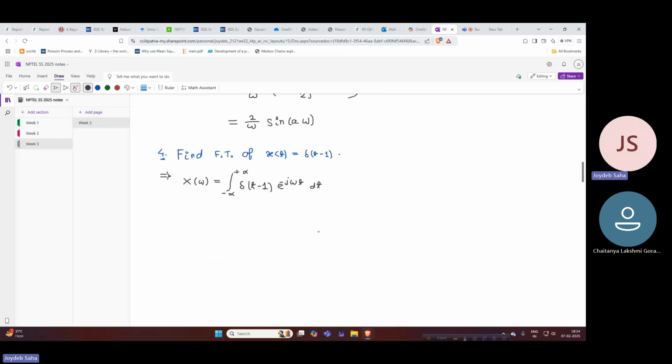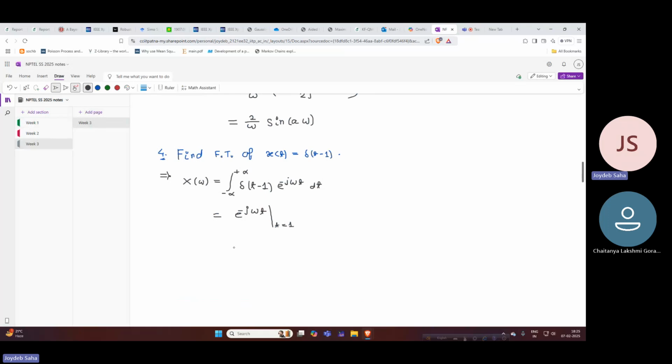Now the question is, what is the value of delta t minus 1? Delta t minus 1 is 1 for t equal to 1 and 0 for any other value of t, right? So we will simply get e to the power minus j omega t at t equal to 1.